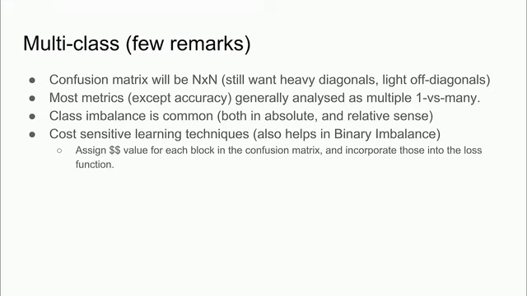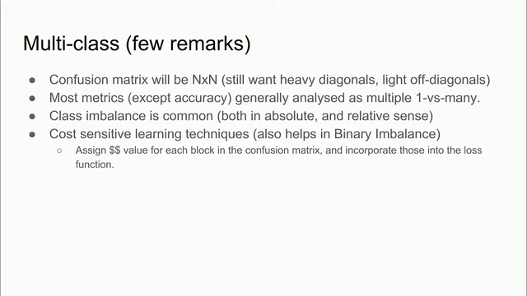You still want the diagonals, which correspond to correctly predicting the right class, but the off-diagonals are going to be confusing certain classes with other classes. At a high level, you can still use a confusion matrix, and oftentimes you can color it, from blue for very low values to red for high values, to get an overall impression of how you're doing on this classification problem.